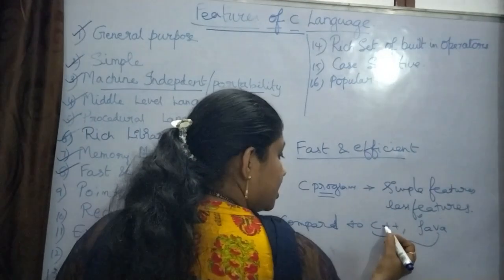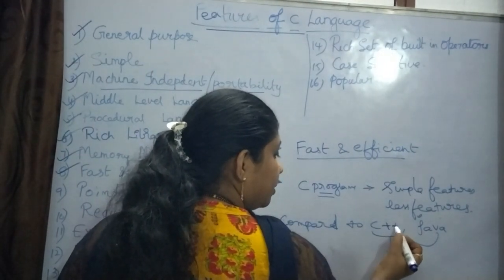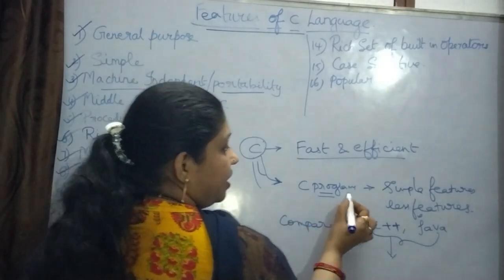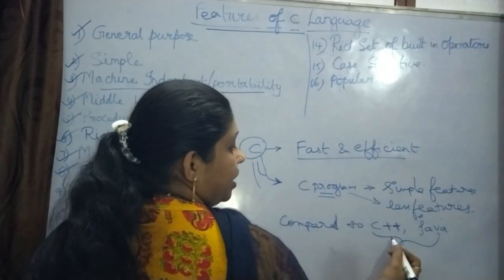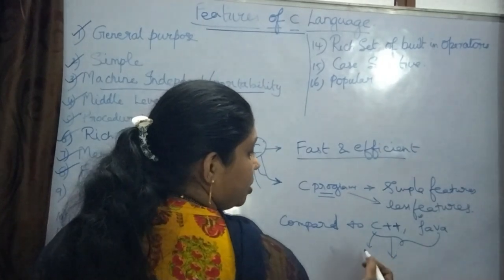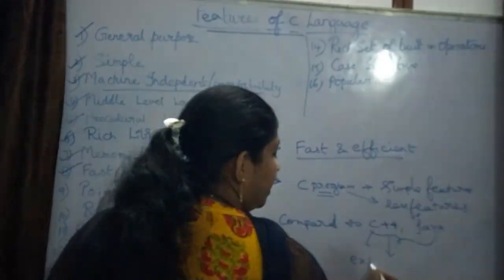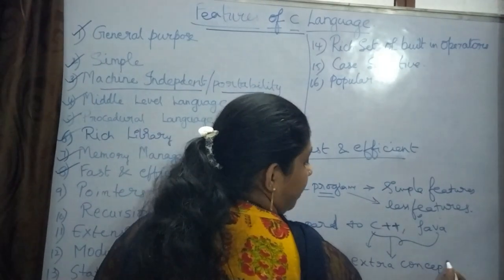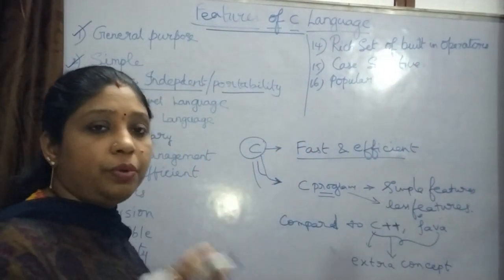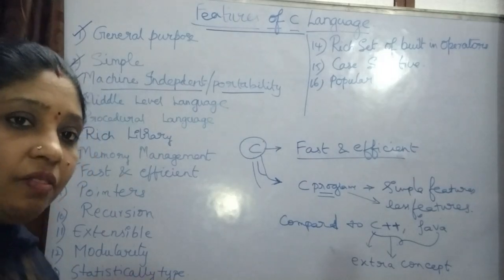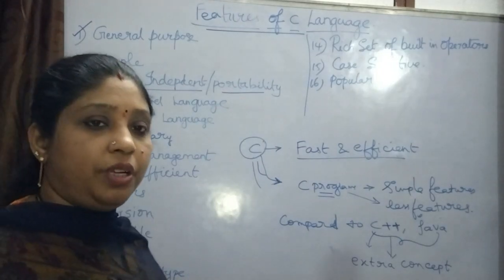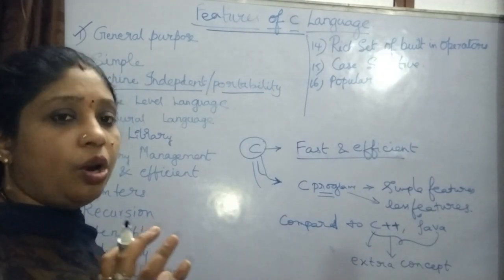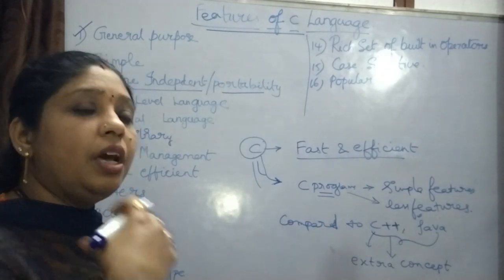Why is this feature there? A C program has fewer features than C++. C++ and Java have more and extra concepts which are not in the C language, right? Because of this, it takes a lot of time in C++.